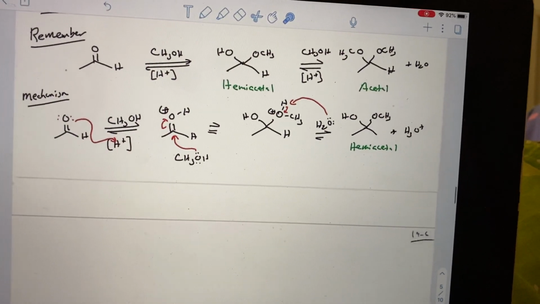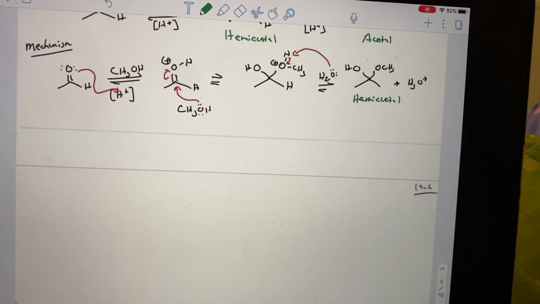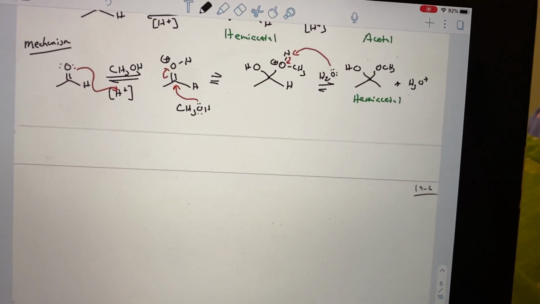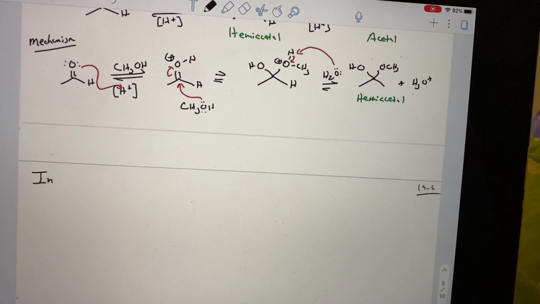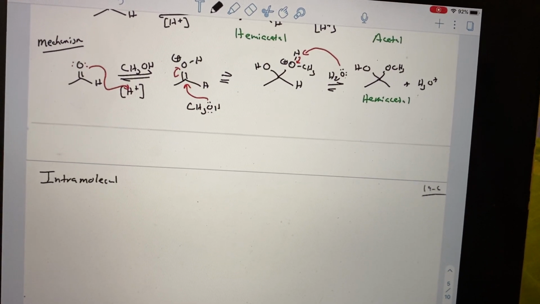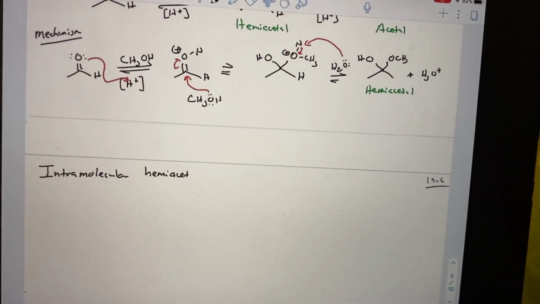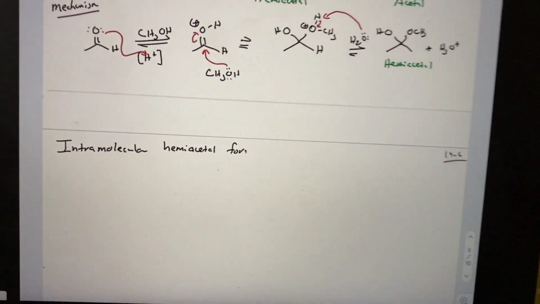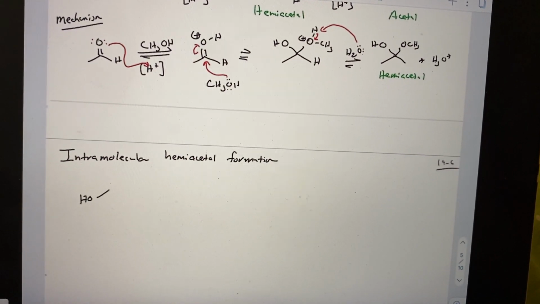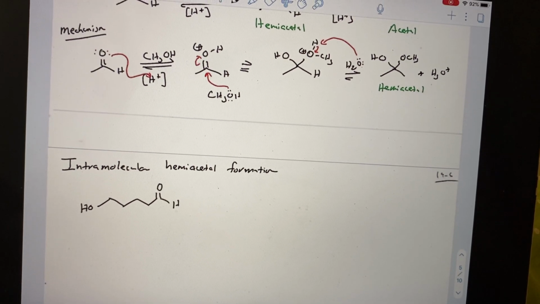Now, let's do the same reaction. Let's put it up far enough so we can see that reaction. But instead of having an external methanol attack, let's consider an intramolecular hemiacetal formation. Let's use an aldehyde.